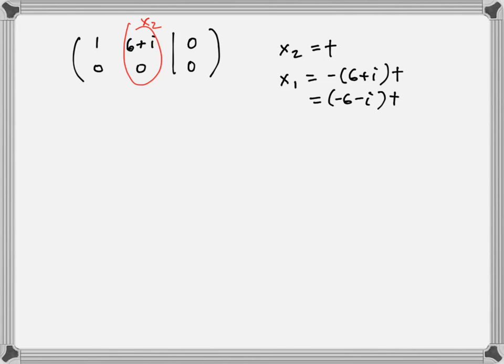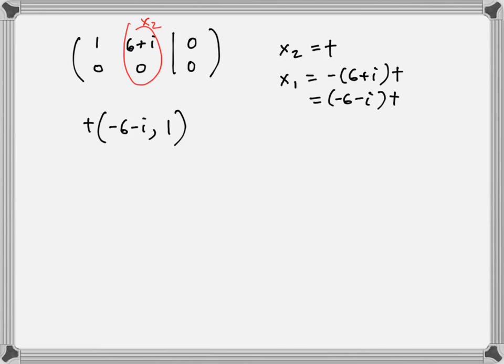So what does the set of eigenvectors look like? It looks like this, because if we pull out a t, that's what we get.